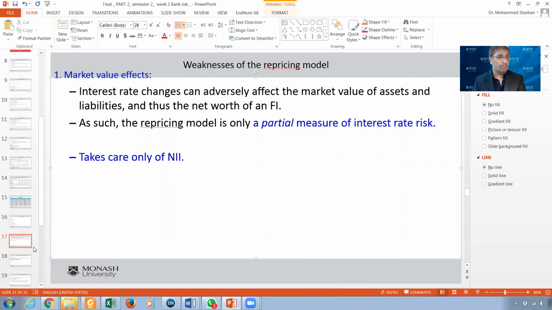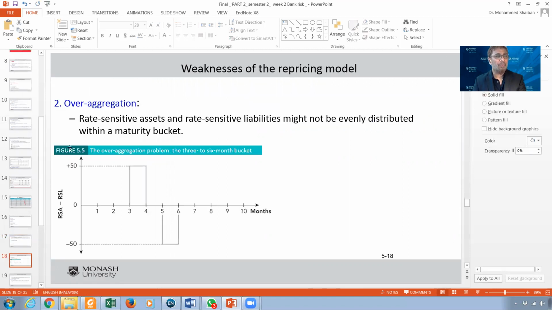Okay. The second thing is they say over-aggregation. Look, when you look at the buckets, for example, this bucket is from week 1, from month 1 to 6. Actually, we are saying, for example, you are calculating in the bank, the ones within this bucket is actually 0 according to this. Because in week 1 there is nothing, week 2 there is nothing.